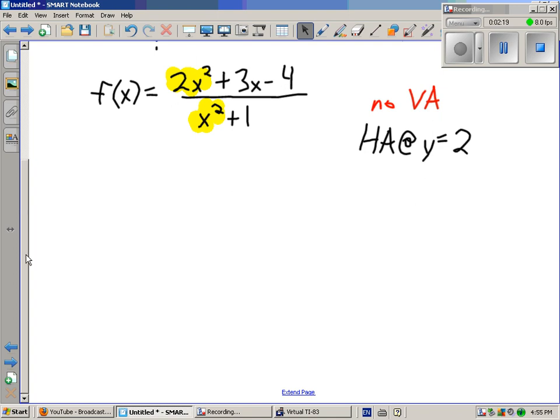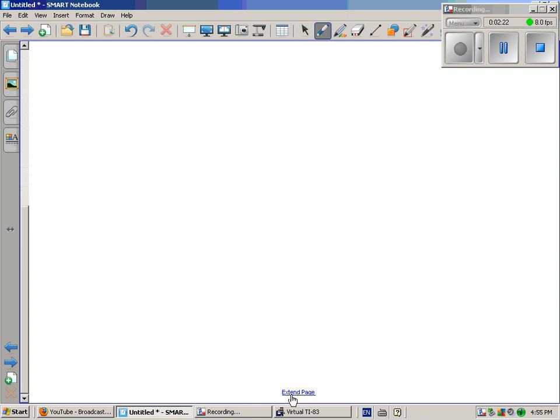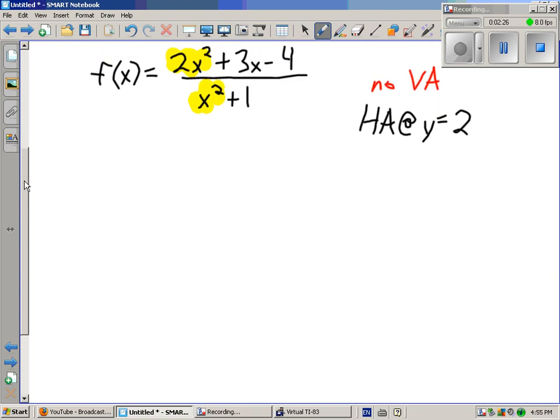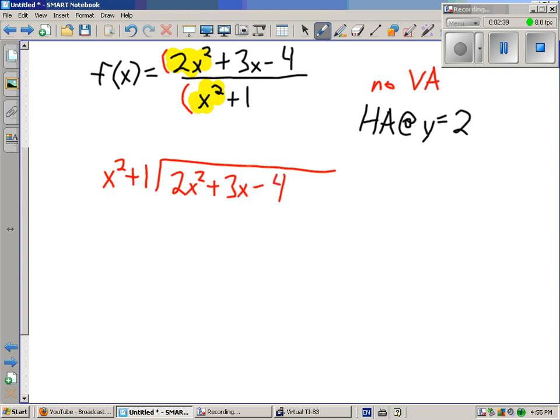All right, there's another way to approach this. What we can do is we can actually set it up as if it were a division. We can divide the bottom right into the top. x squared plus 1 divided by 2x squared plus 3x minus 4. Divide this in, and here's what we get.